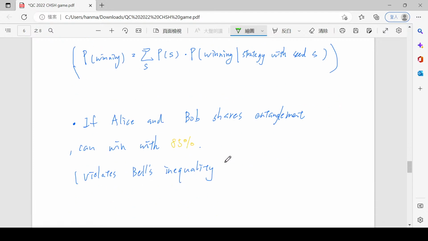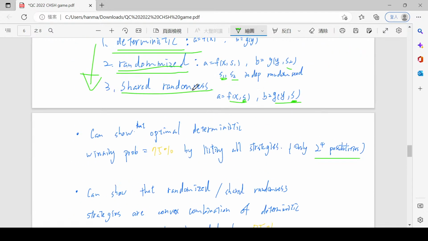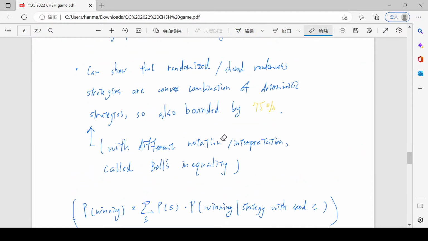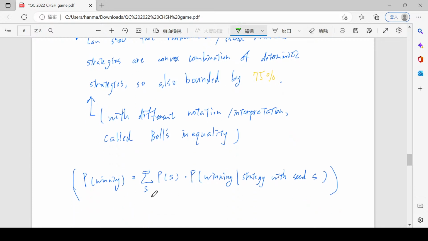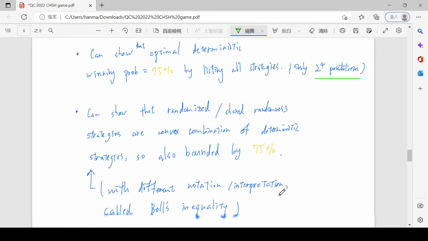And now we'll give you a hand-wavy proof why this is also optimal for shared random strategy, and that's just because every random strategy is actually a linear combination of deterministic strategies. Okay.